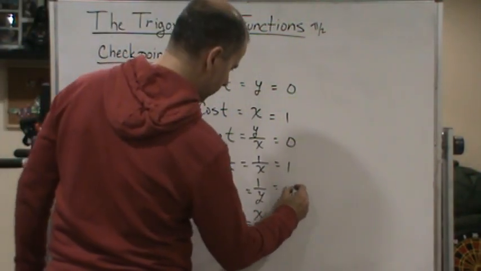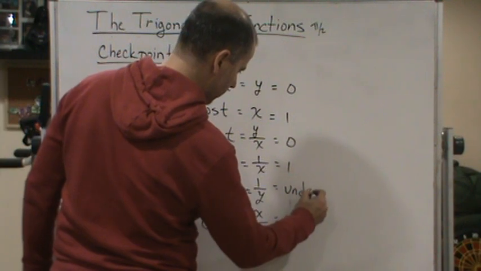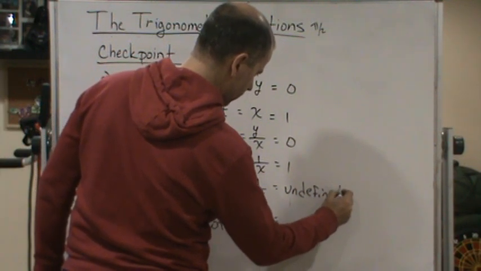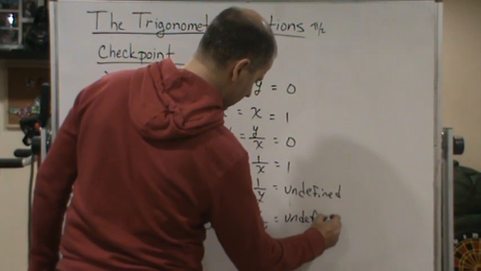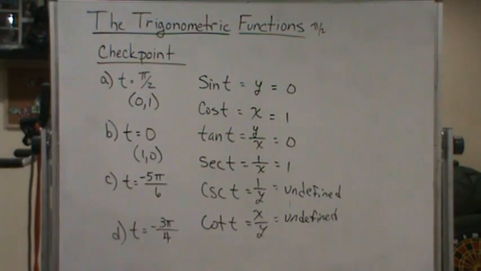So this is going to be undefined. So the last two are going to be undefined, because you can't have 0 in the denominator. Okay, so that takes care of b.